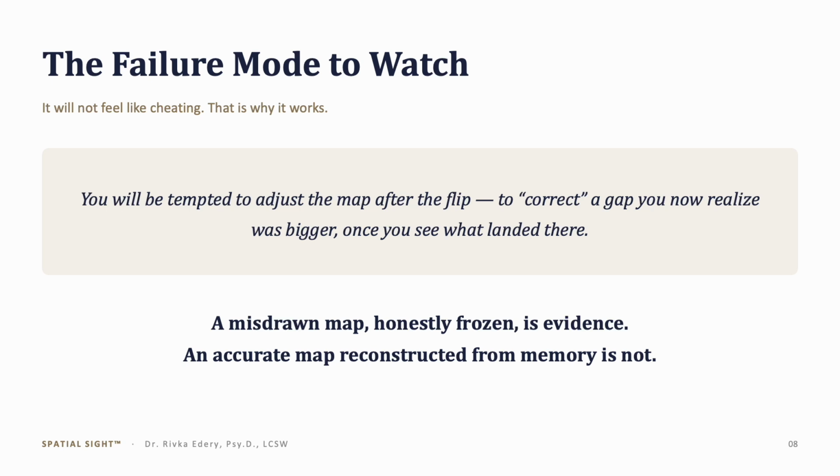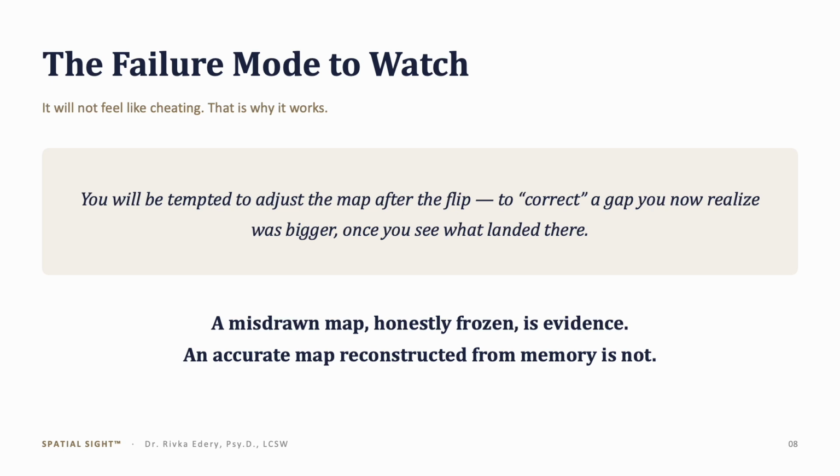Here is the line to carry, and it is the load-bearing sentence of this entire method. A misdrawn map, honestly frozen, is evidence. An accurate map, reconstructed from memory, is not. Read it again. A map with an error in it, left alone, still tells you something true.